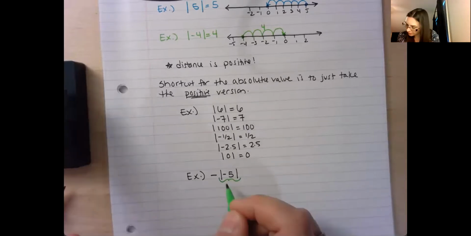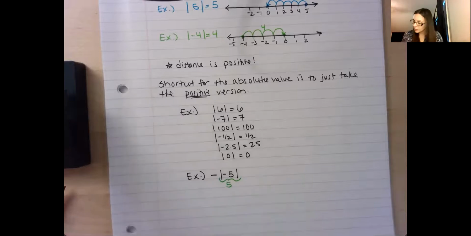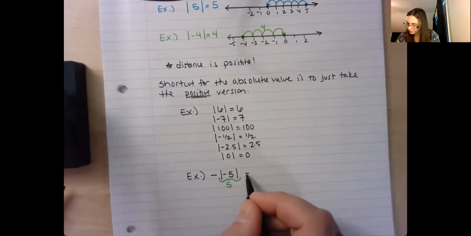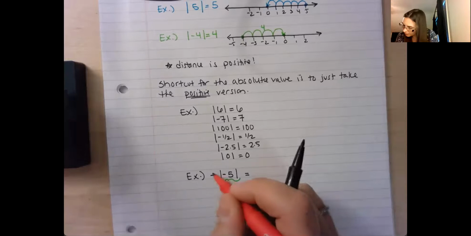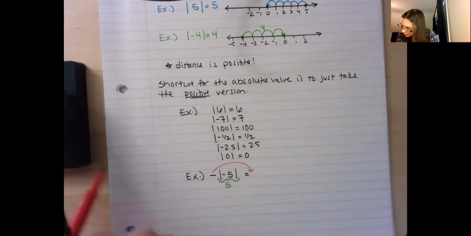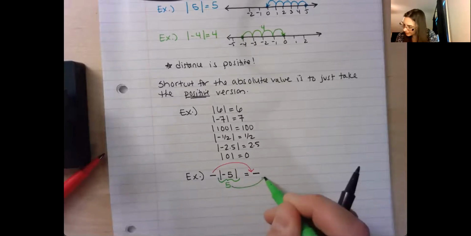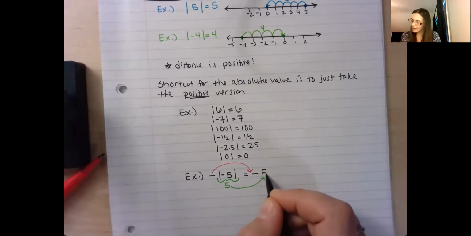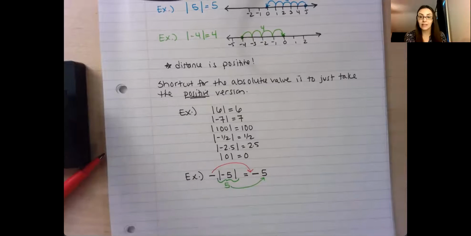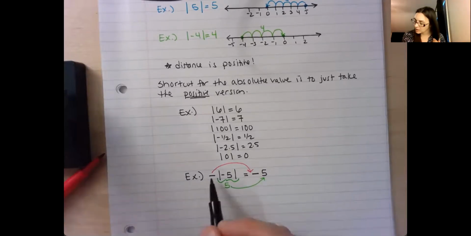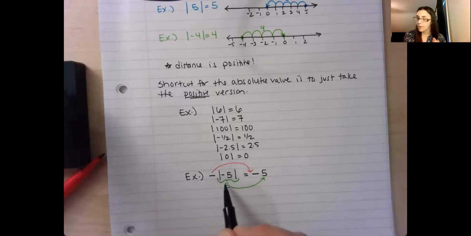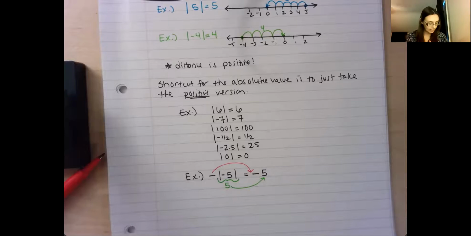This negative stays here, and then this 5 just tacks on. So my answer is actually -5. The negative on the outside just tags along. The absolute value part is still positive, but my final result is negative.